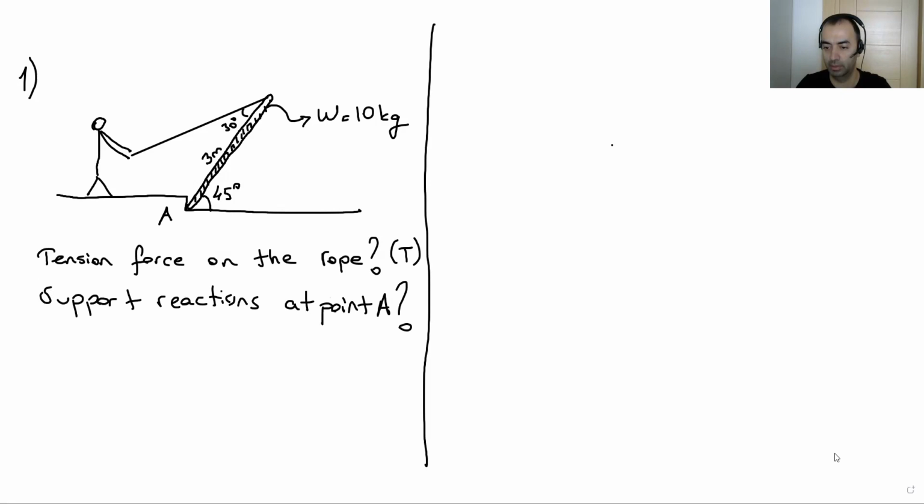Yes, that's better. Now what we have here, we have a member and rope. As you can see, this is in balanced position.